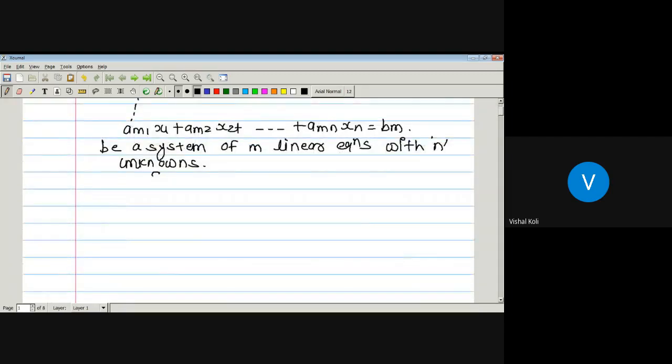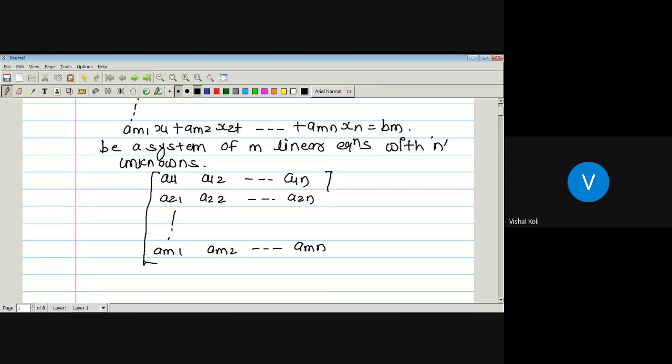So its matrix form is this one: a11 a12 up to so on a1n, a21 a22 so on a2n, and the last row is am1 am2 and so on amn, into the coefficient matrix, into our matrix of unknowns, that is x1 x2 and up to so on xn, and the last one is our constant matrix b1 b2 and up to so on bm.